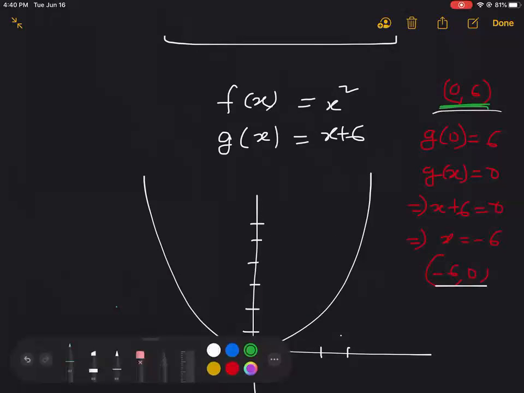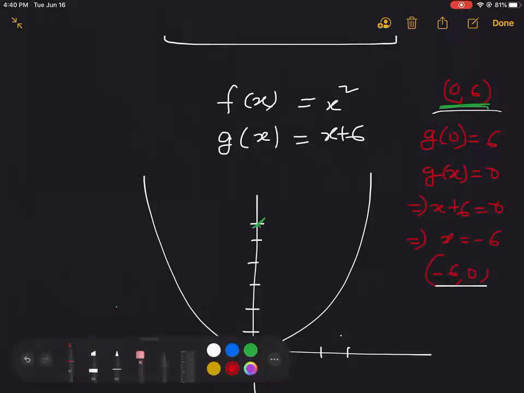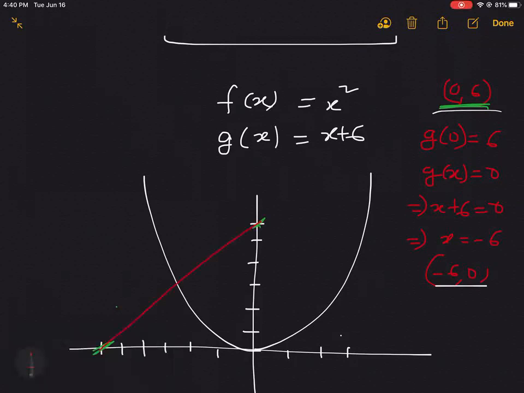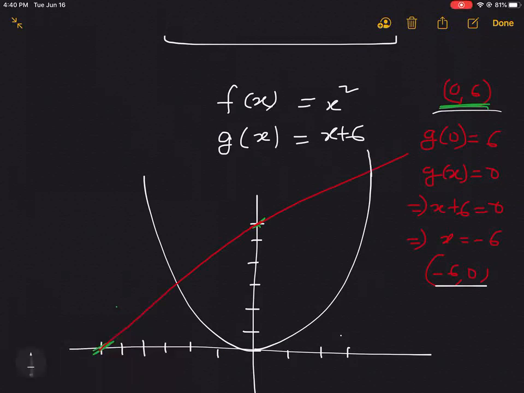So that's another intercept. If we just join these two, we'll get our line. I think I need to extend this just a little bit. Okay, yeah. So we now have the graph of the two functions we are given.